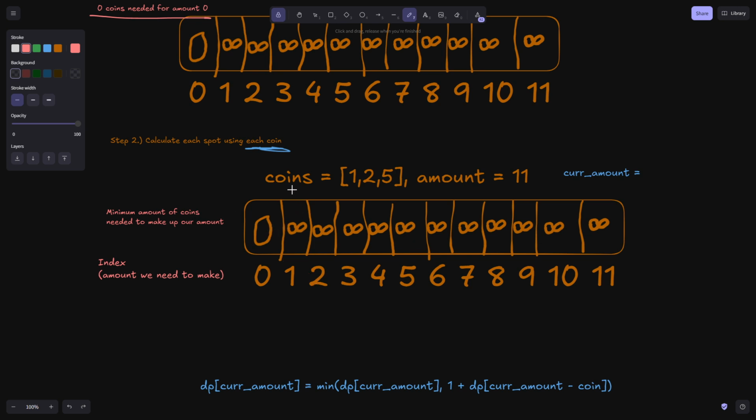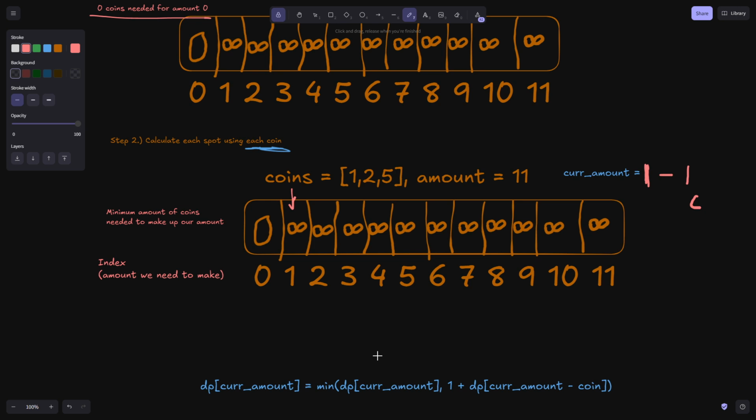So we're going to start here, obviously, because this is our placeholder. So we have a current amount of 1. And we're going to iterate through coins, by the way, for a given index. So we're going to start here. We're going to do 1 minus 1. This is our coin, remember, that we're subtracting. And the way we're going to calculate what we need to put here is we're going to use this formula here.